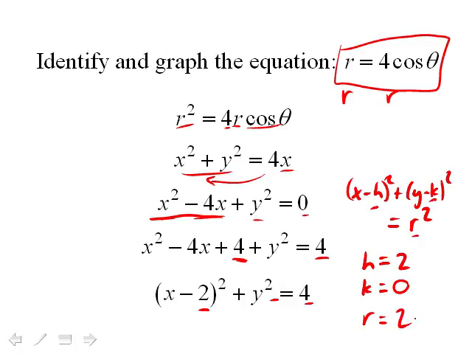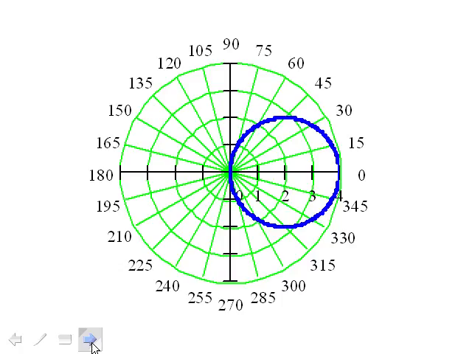That means that we're going to get out an equation of a circle whose center is at h, k, that's at 2, 0, and where the radius is 2. So there's what it looks like. You can draw it in on this axis that has the spiderweb grid for polar coordinates superimposed on a Cartesian grid to see center at 2, 0, and radius 2.